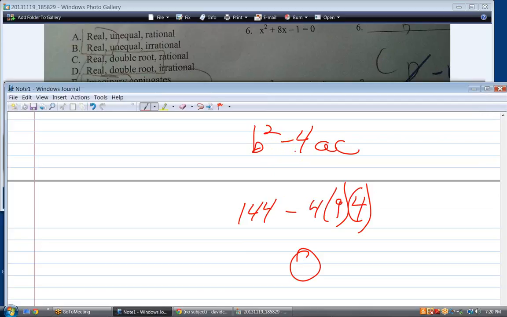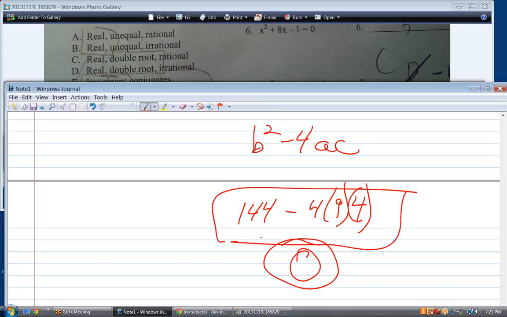And if your discriminant is 0, you have 1 real. But it is true that it is multiplicity 2. So I understand why C is the correct answer. It's double root, meaning multiplicity of 2.